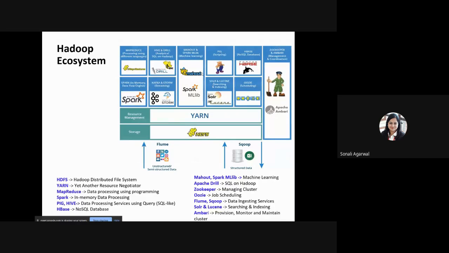They also take care of provisioning, monitoring, and maintaining the overall cluster environment. So this is all about the Hadoop ecosystem. And according to the situation, maybe for data at rest or data in motion, I think this Hadoop ecosystem has the most powerful available features nowadays to support various information retrieval techniques.